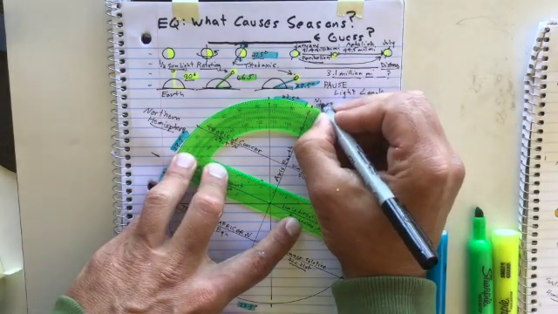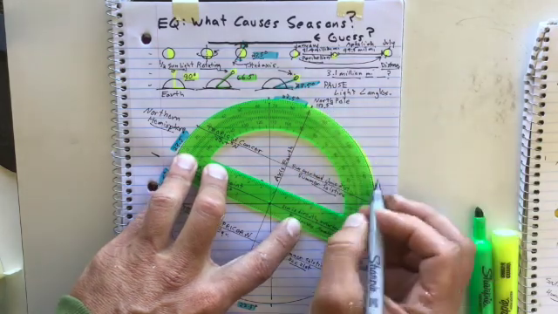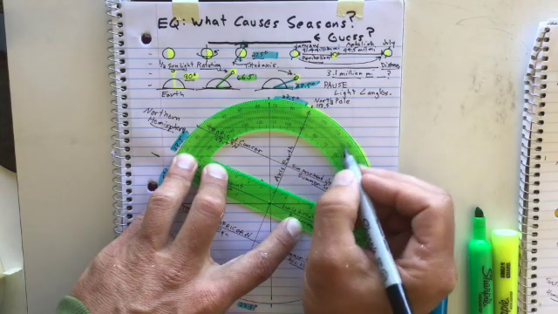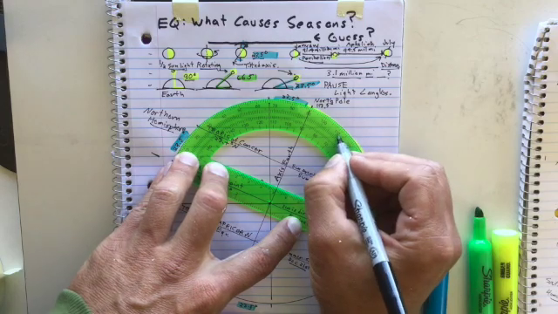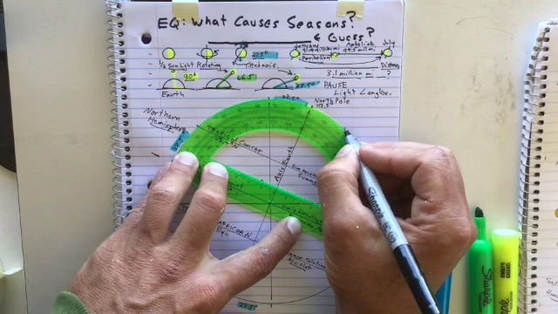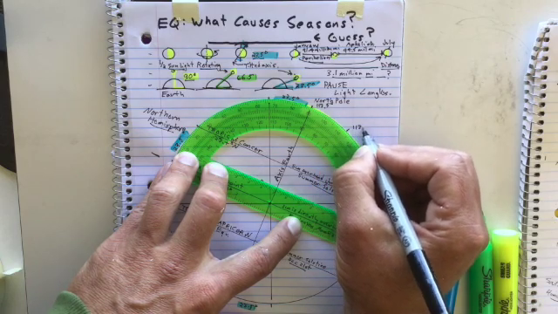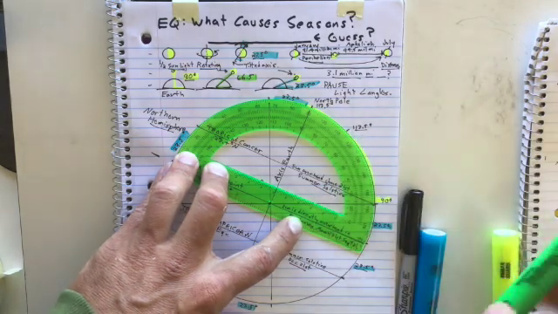And let's label this North Pole. Now let's find on this between 180 and 90, let's find 113 degrees. So here's 110 right here. There's 100, 110. Let's count 1, 2, 3. Actually 113.5 degrees.